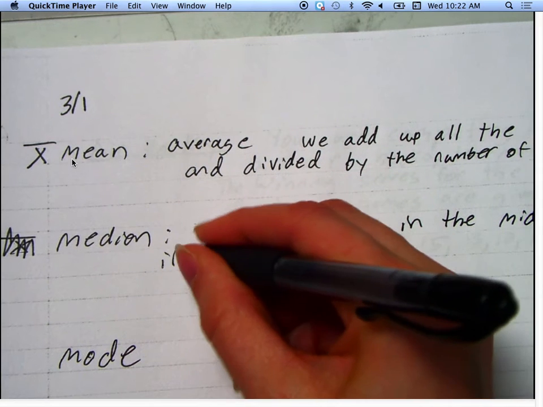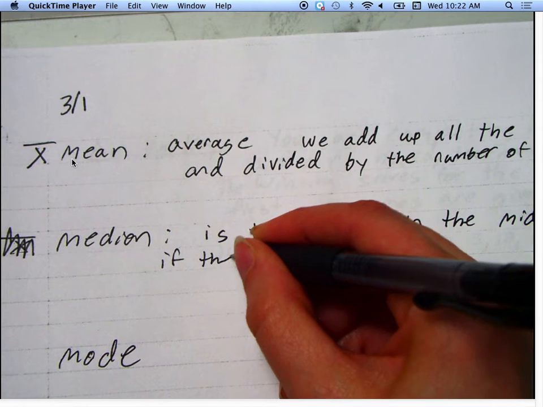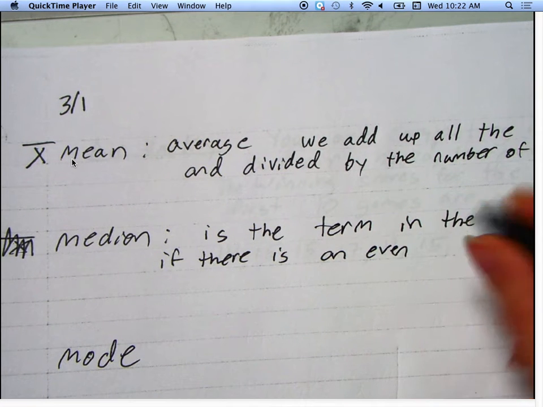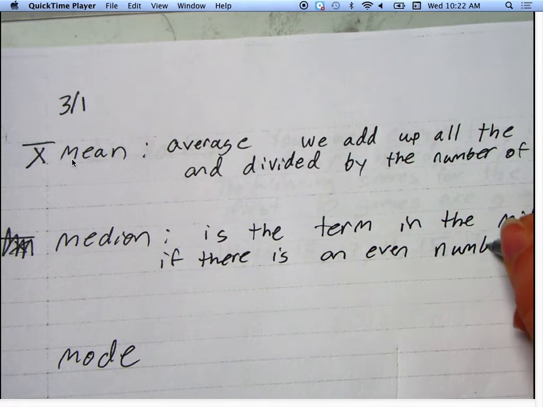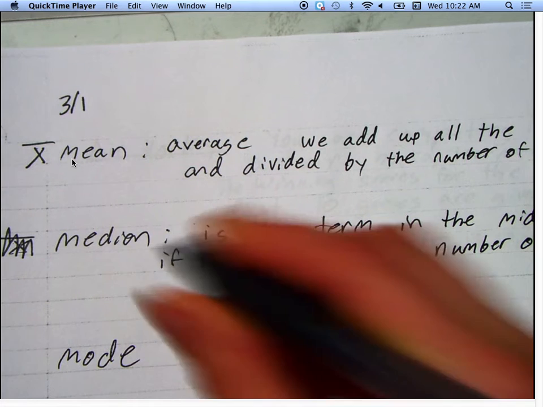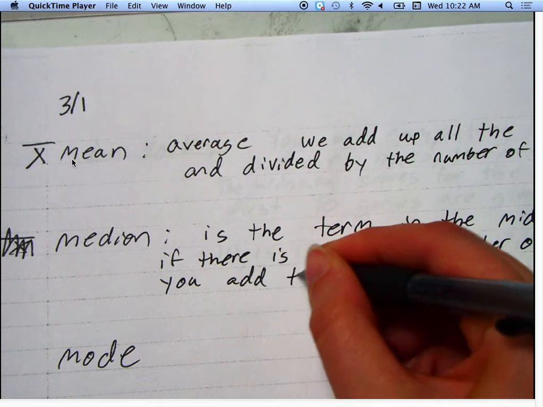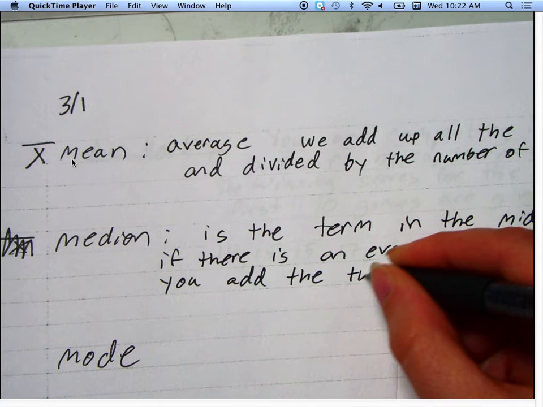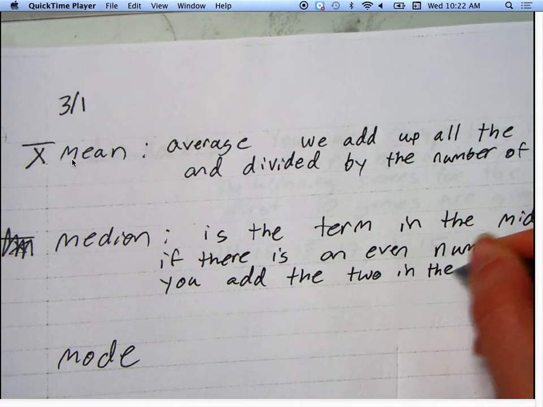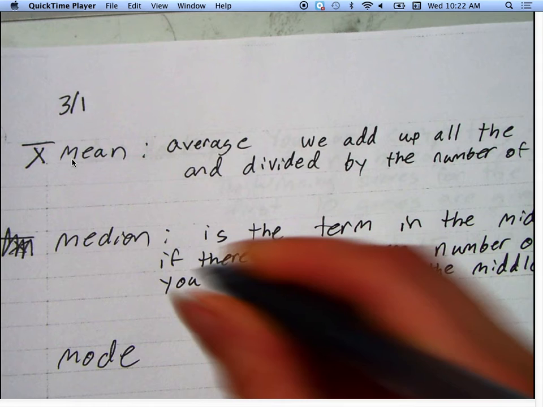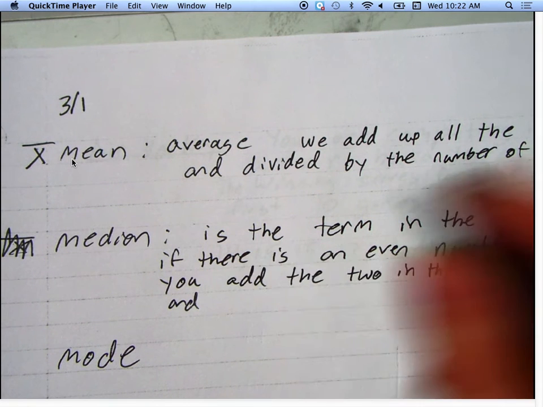If there's an even number of terms, you add the two in the middle together and divide by 2.